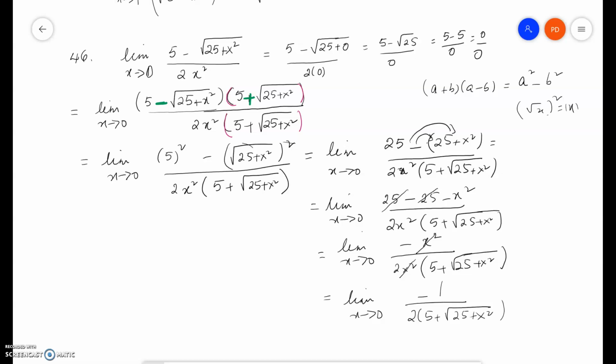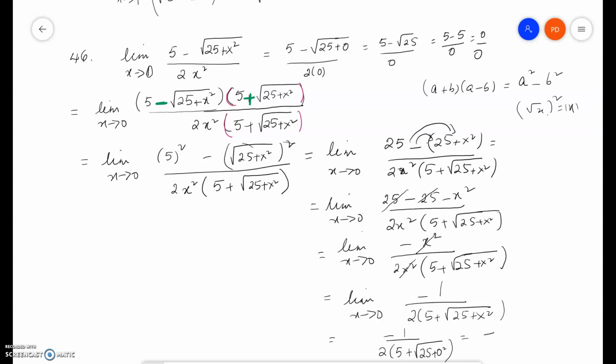Now what was causing the 0 in the numerator and the 0 in the denominator was really x squared. Since x is approaching 0, we were able to cancel the x squareds, and now we are ready to plug x equals 0 back into the expression and see if we get an answer, which is the limit. Square root of 25 plus 0 squared.